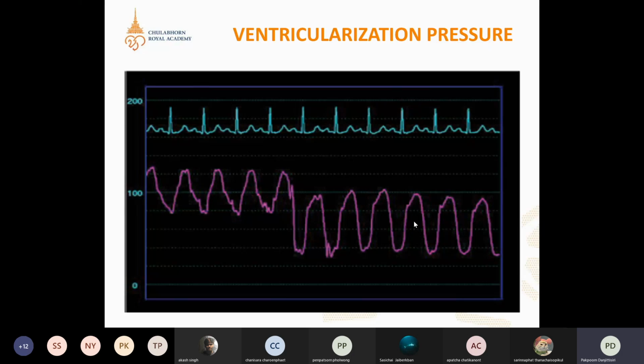The last one, let's say another one, ventricularization pressure. It's quite different from the normal damping pressure, because the characteristic of the waveform looks like the ventricular waveform, but it's not actually the LV pressure waveform.